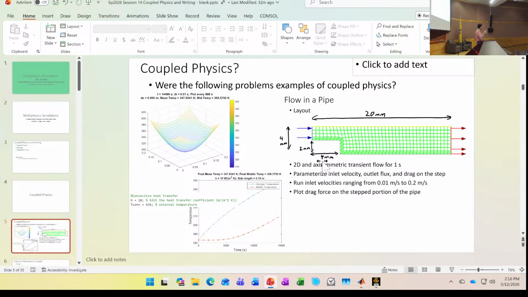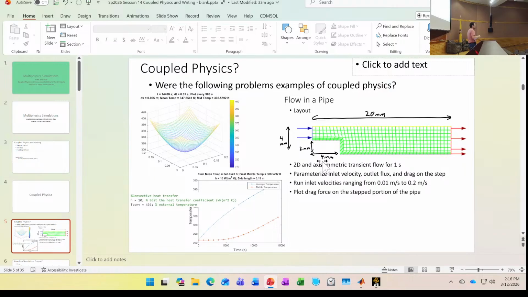Now, if there's no difference in temperature between the turkey surface and the air, is there any heat flux? No, nothing's going to happen.